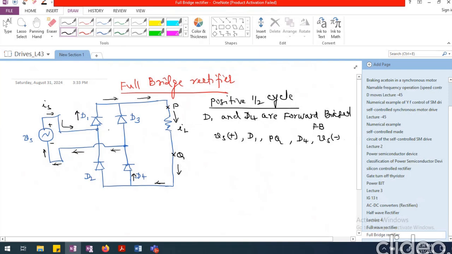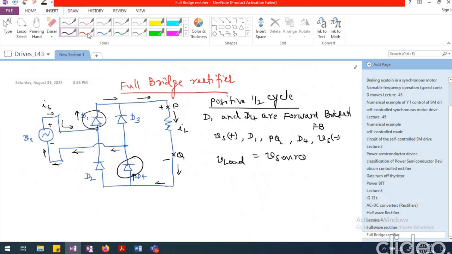If we neglect the voltage drop across D1 and D4, we are essentially connecting the source voltage positive to this positive and source voltage negative to this negative. So at this point, V load equals V source directly during the positive half cycle.